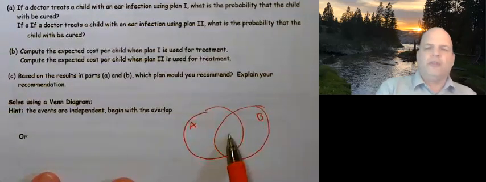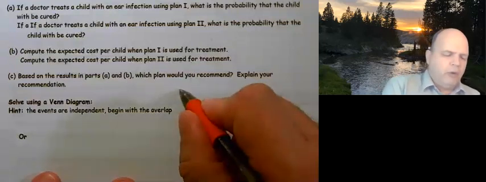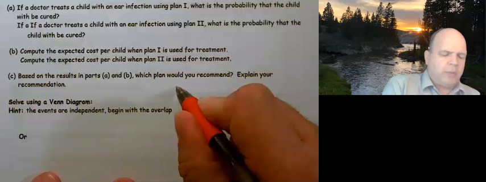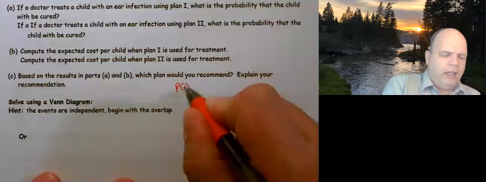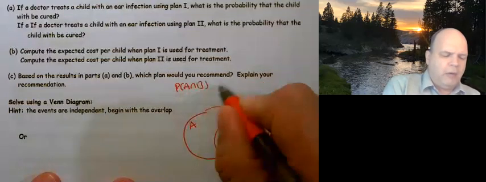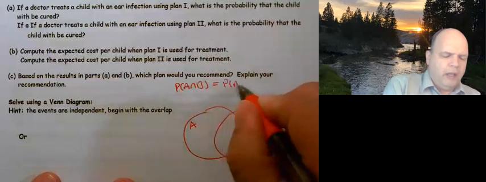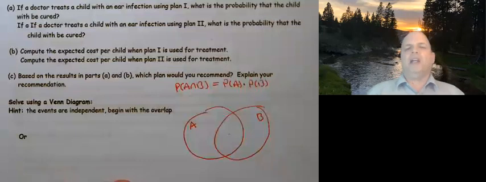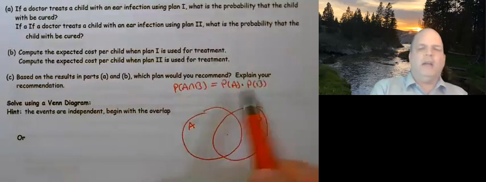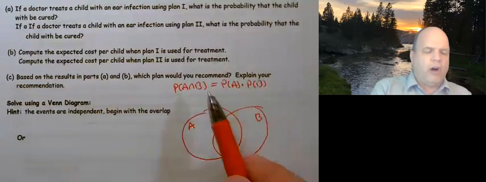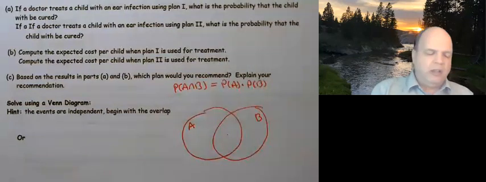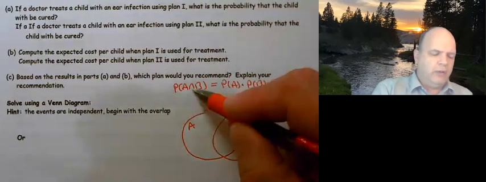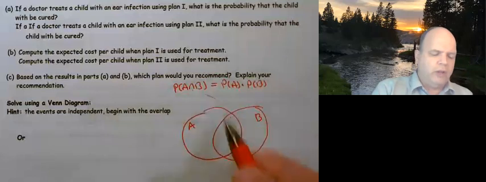Now, the intersection, that's the overlap. And remember, they told us they were independent. So the probability of A intersect B equals the probability of A times the probability of B. Now remember, I can only multiply these probabilities if they are independent. And they did tell us they're independent. So this intersection is my overlap.